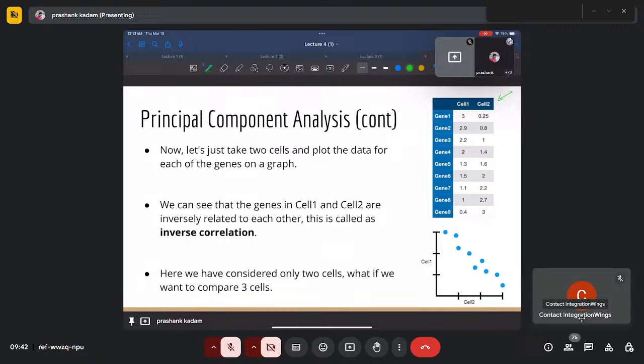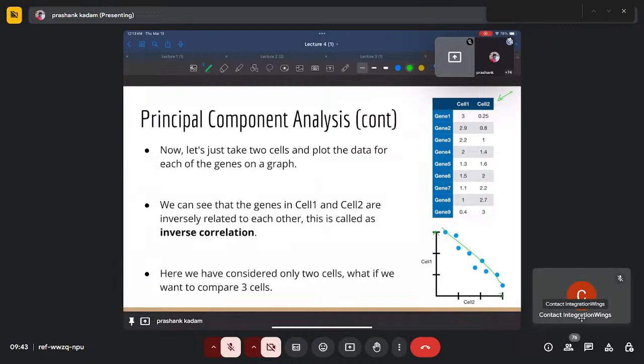So now once we start plotting, the y-axis is cell 1 and the x-axis is cell 2. As you can see, as the value for cell 1 increases, the value for cell 2 decreases, right? This kind of relation is called an inverse correlation, where when the value of one variable is increasing, the other is decreasing.